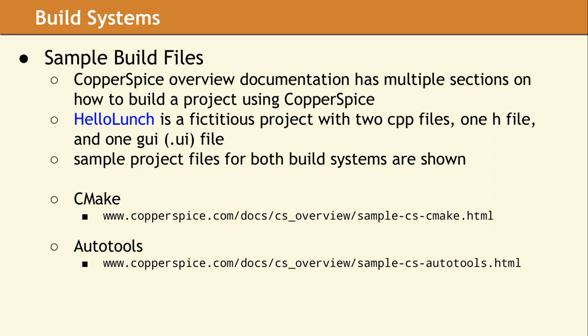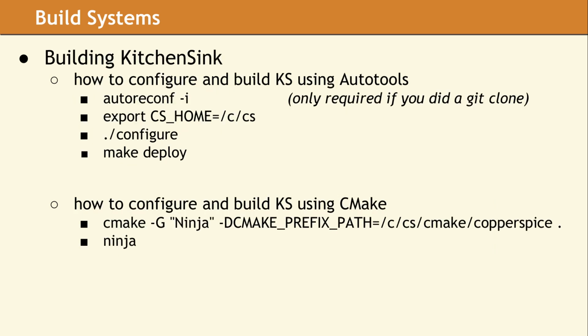Sample project files for CMake and AutoTools can be found in this documentation. We want to show a real project and how it's built with the C++ CopperSpice libraries. This information that we're going to show applies to any C++ project that uses a library.